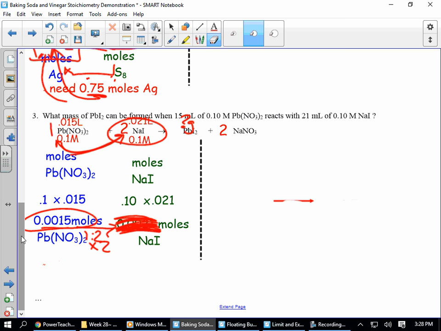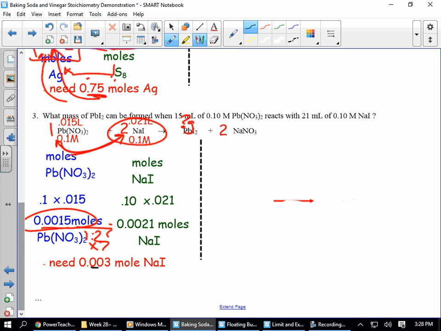So when I multiply my lead nitrate by 2, I get on my calculator that I need 0.003 moles of NaI. Let's look behind and see what we have. Do I have 0.003? No, I have 0.002, which is less than I need, theoretically. So this is actually going to be my limiting.